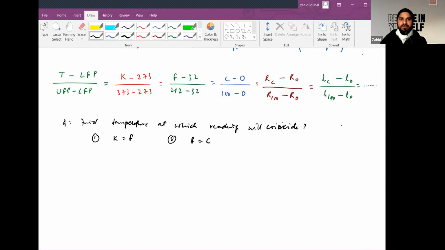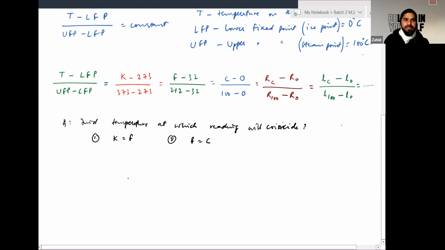Just put the value of K and F in this expression as X. So for first part, we may write it as (X minus 273) divided by (373 minus 273) equals (X minus 32) divided by (212 minus 32).